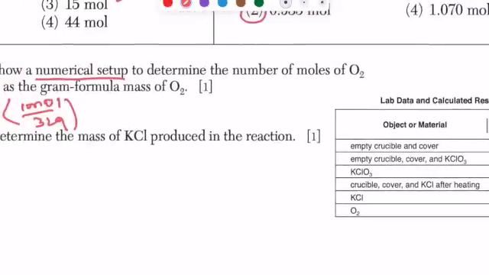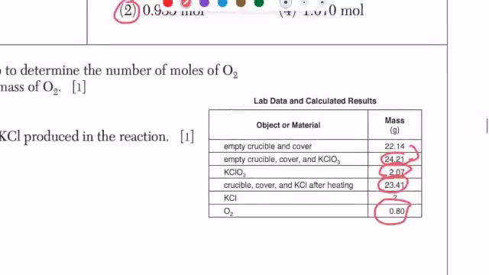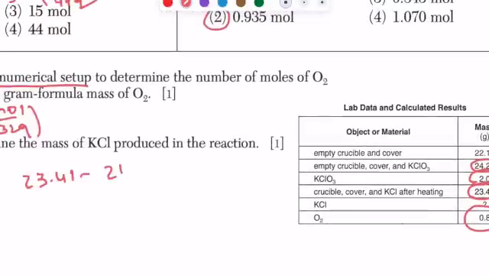So we'll just do 23.41 minus 24.21. And that gives you, sorry, it should be the other way around because mass cannot be negative. So that should be about 0.41, about 0.8.